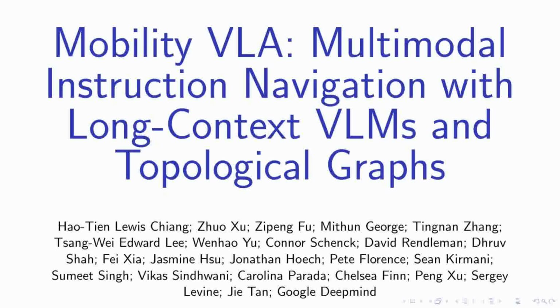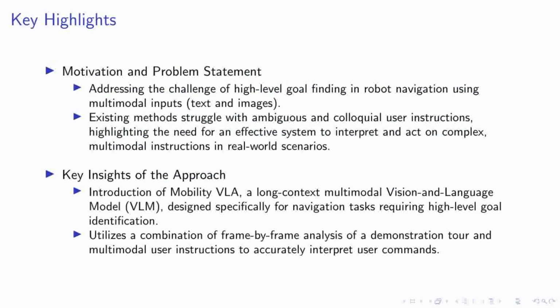Let's get started! Navigating the complex landscape of robot navigation, we encounter the significant challenge of interpreting and acting upon ambiguous and colloquial multimodal user instructions. Traditional methods often falter when faced with the nuanced demands of real-world scenarios, where instructions are not just textual, but richly multimodal, incorporating both text and images.